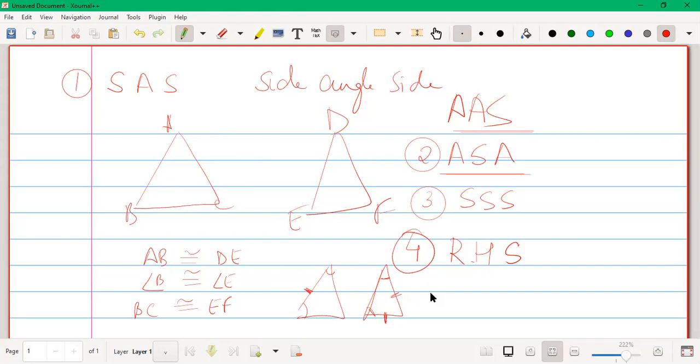And third side PB is equal to PB because this is the common side. So these two triangles are congruent by the right angle hypotenuse side congruency criterion. And so angle PBM is equal to angle PBN by CPCTC. And you can say that BP bisects angle ABC.